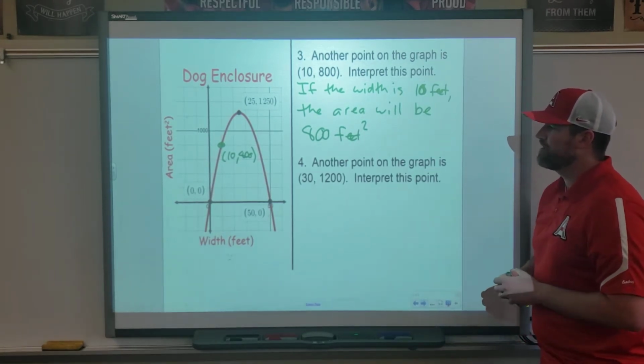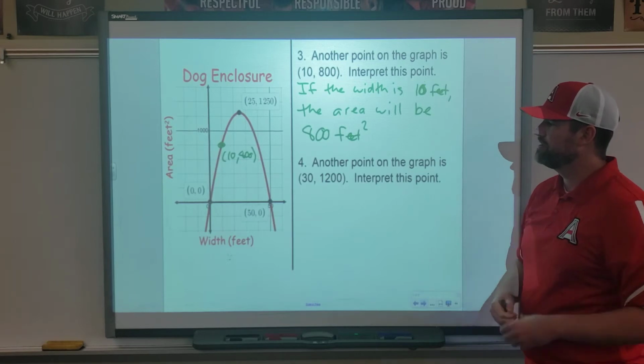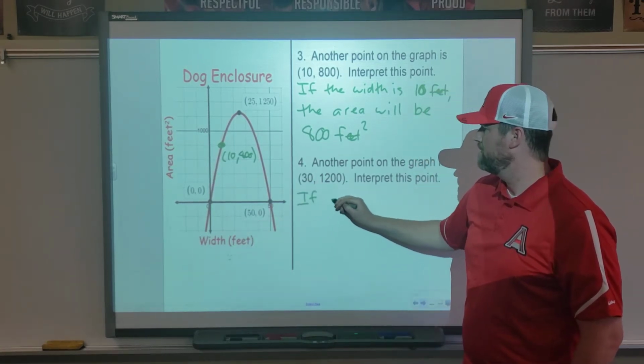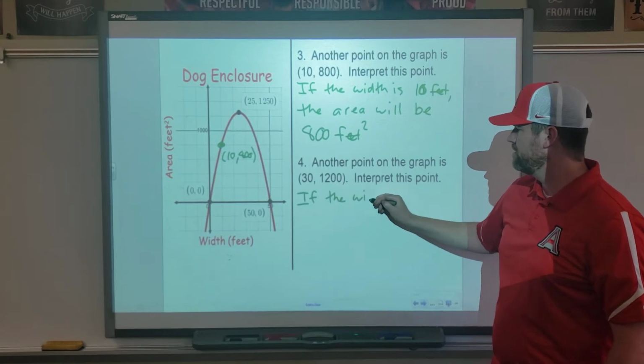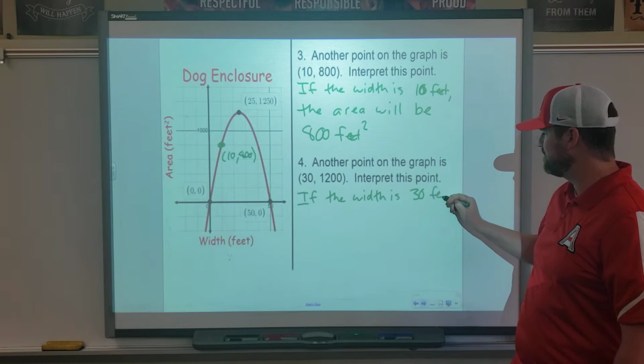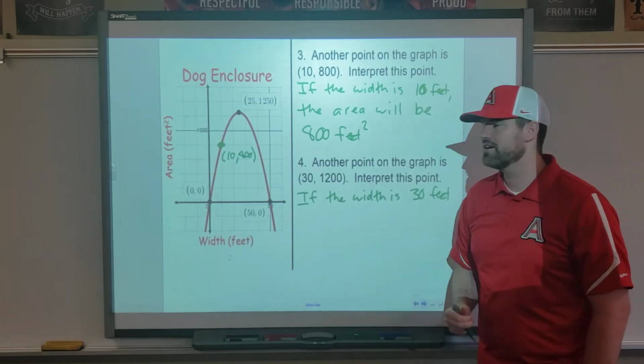Again, another point on the graph is 30, 1200. We know that 30 is our width. So if the width is 30 feet, right, we want to always make sure we put the units on there.